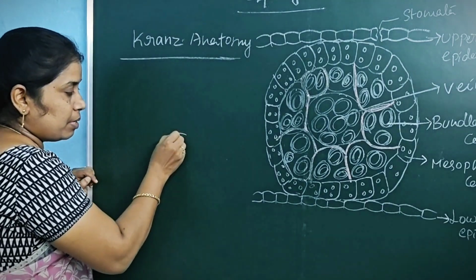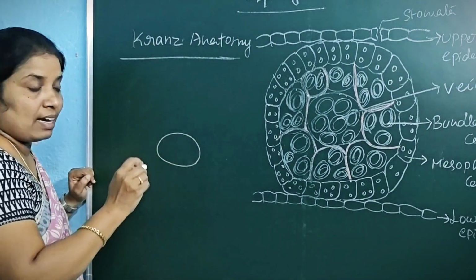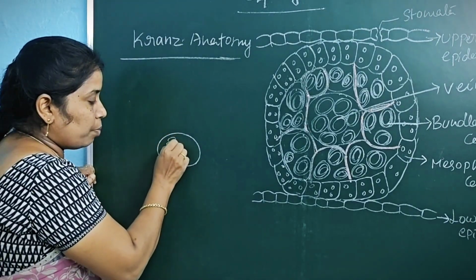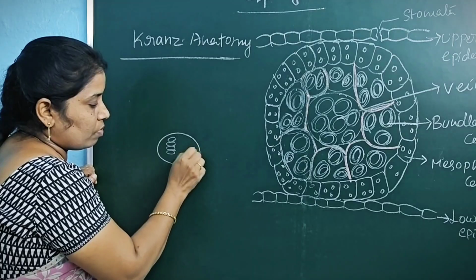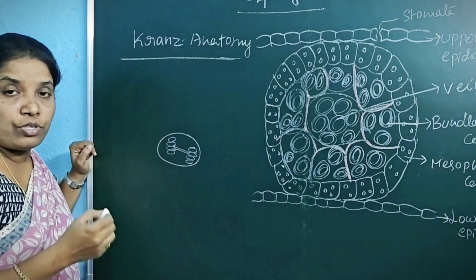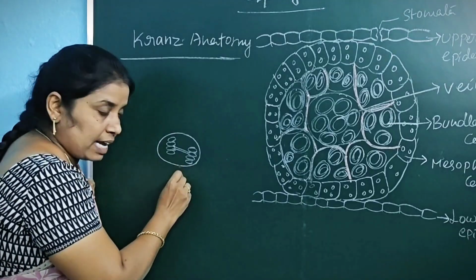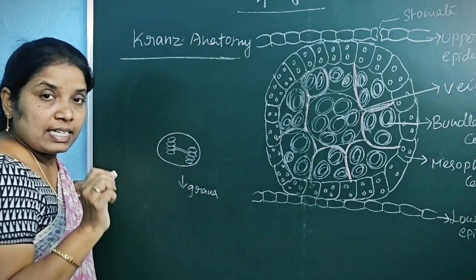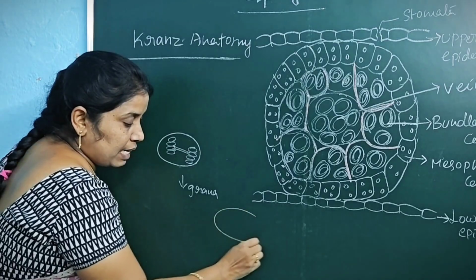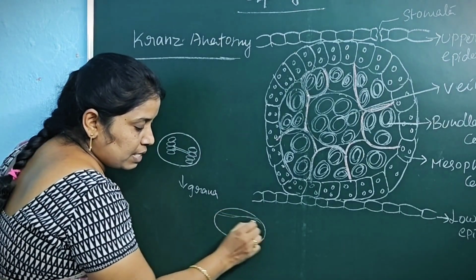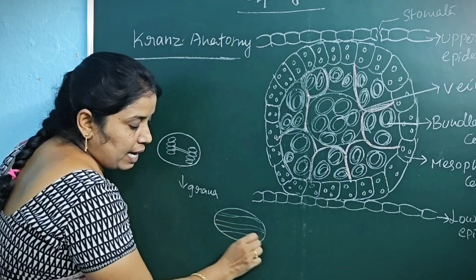If you see the mesophyll cell, it consists of chloroplasts having grana. If you see the chloroplast of the mesophyll cell, it consists of grana. Whereas in the bundle sheath cell, there is no grana, only the presence of stroma lamellae.